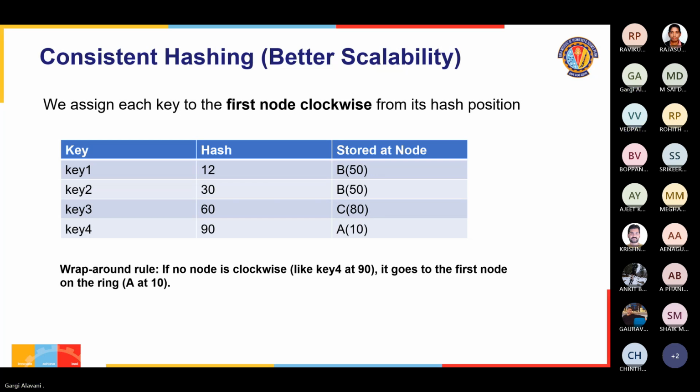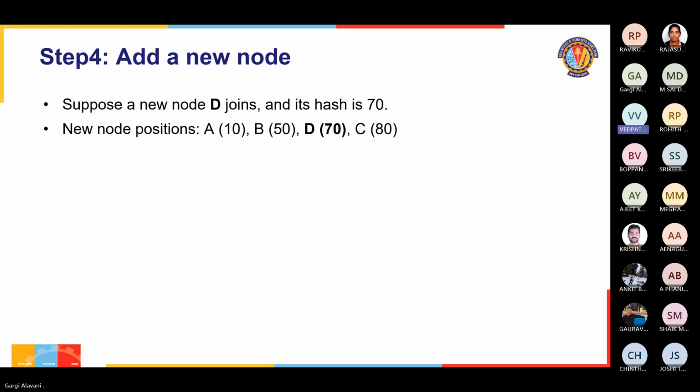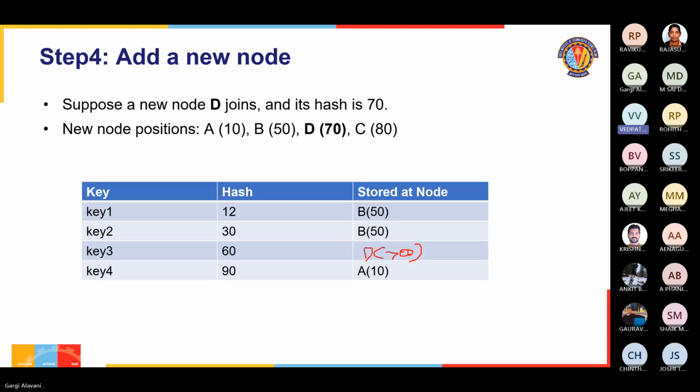Yes. If you go ahead now, where we have added a new node D70, which sits between B and C, on the next slide, key 3, which has hash value 60, is going to sit on node D because that's the closest in the clockwise direction.